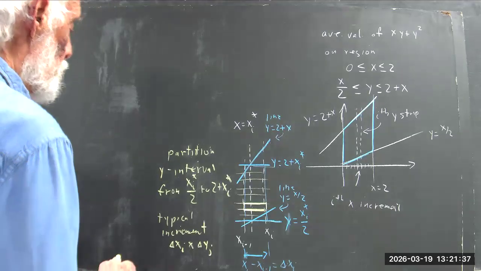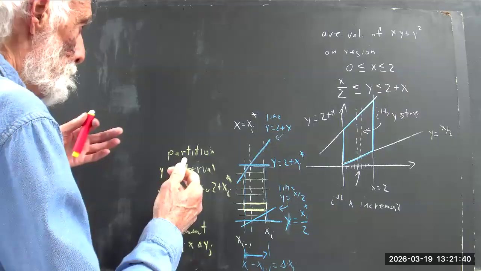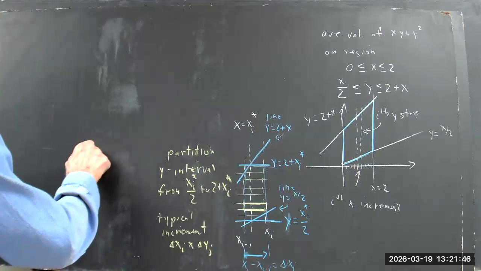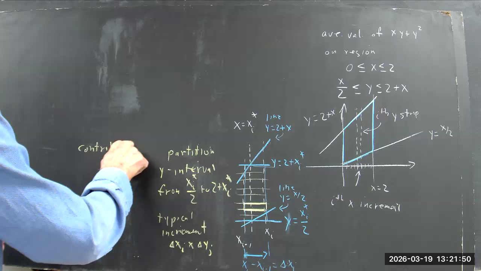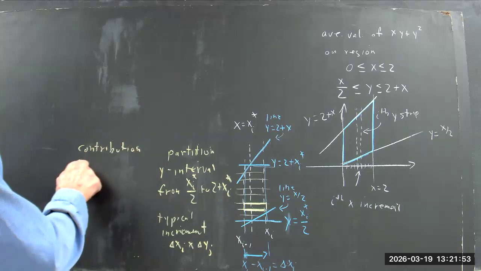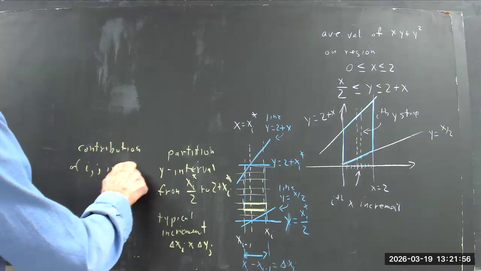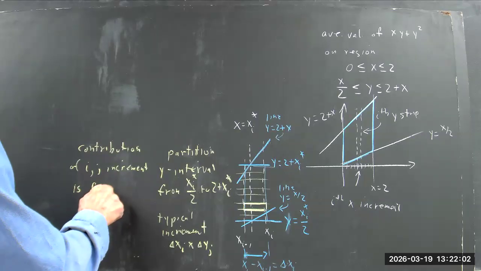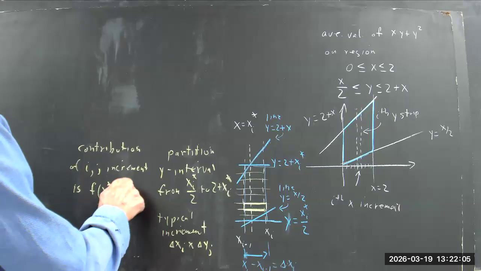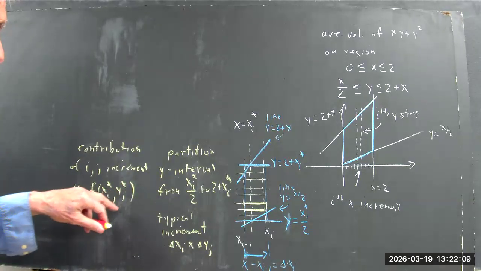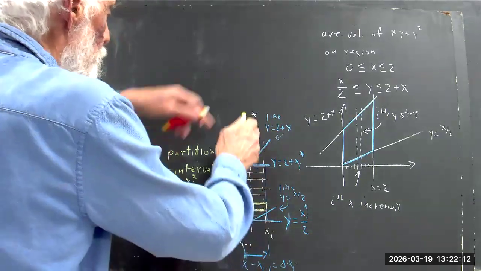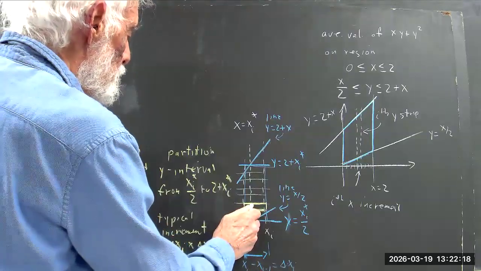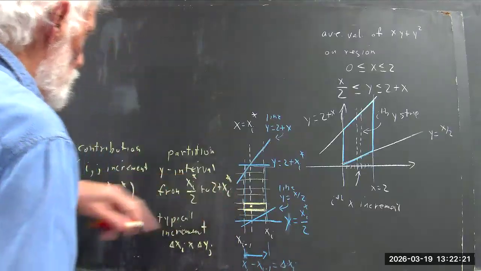And the contribution to the integral is f of xi star, yj star, which is a sample point on the line x equals xi, and somewhere between the lower and upper boundary of that increment.